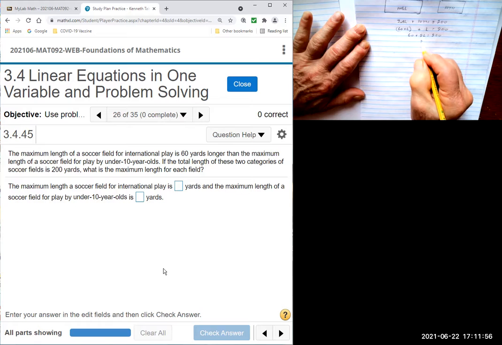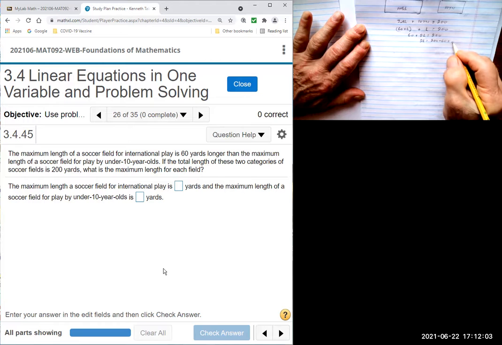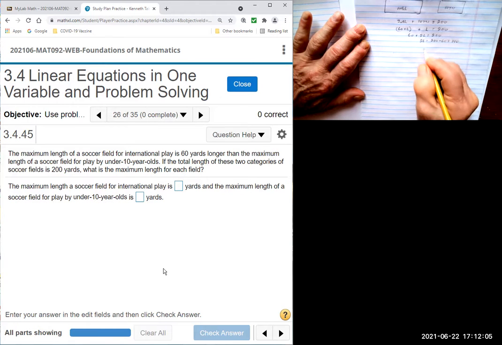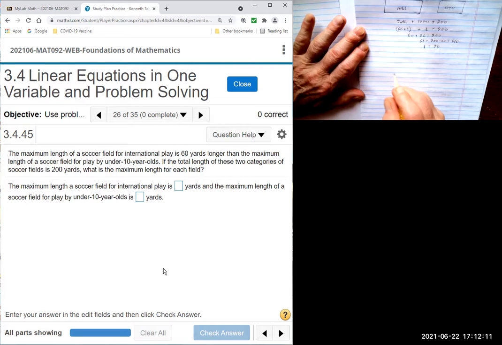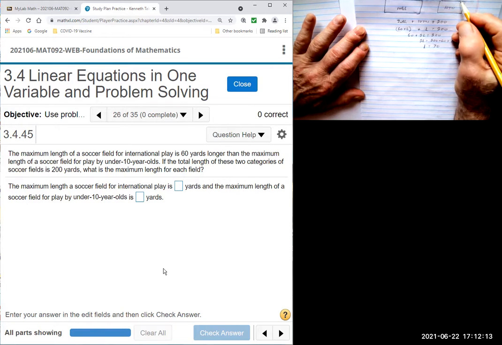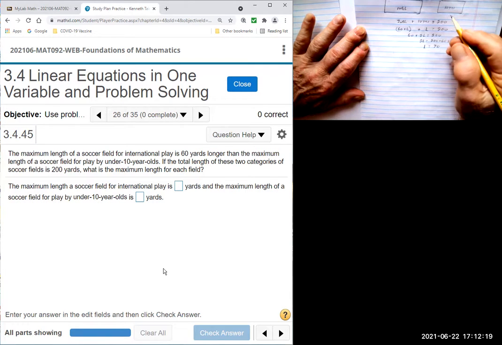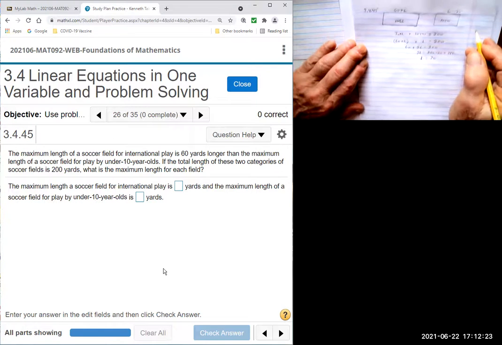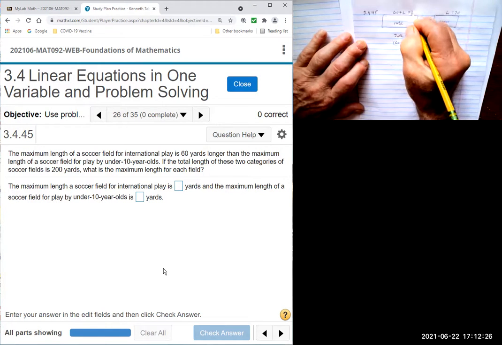Moving 60 to the right, that's 2L equals 200 minus 60, which is 140. Solving for L, we're going to divide by 2, so 2 into 140 is 70. So the length of the field for 10-year-olds is 70. And the length of the field for international play would be 60 bigger, or 70 plus 60, or 130.